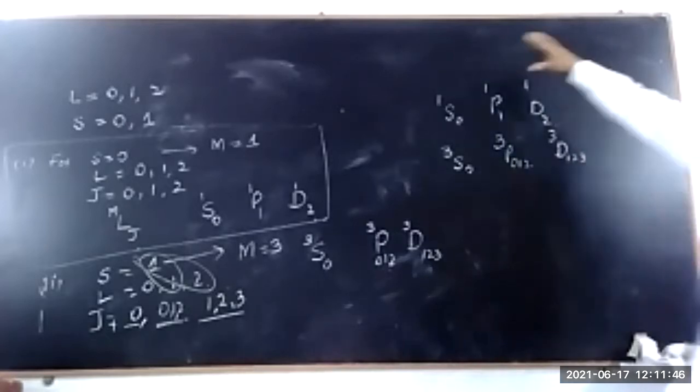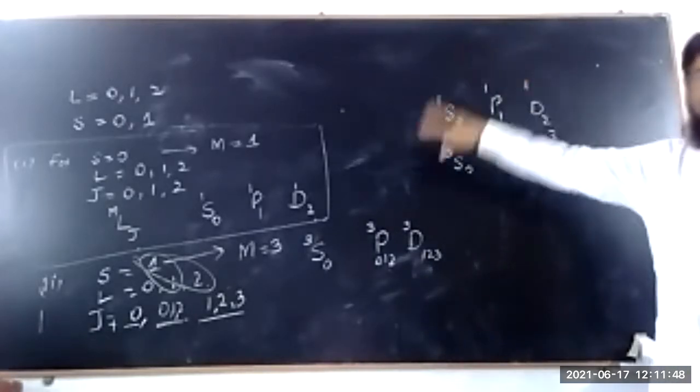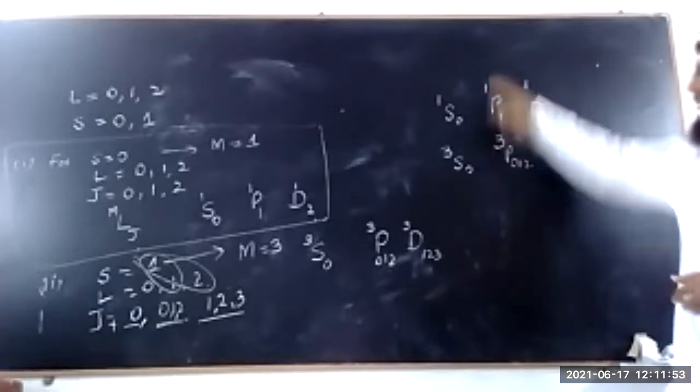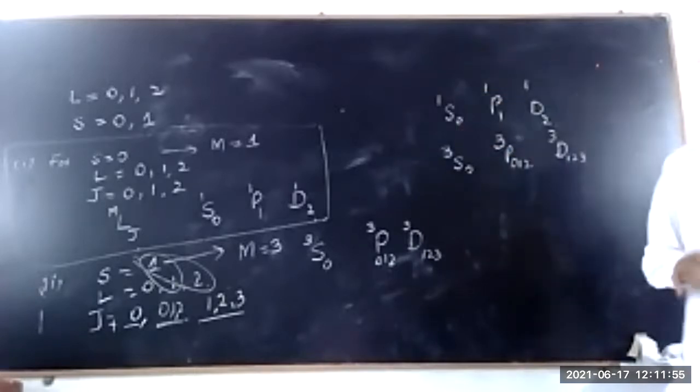So these are the term values for the electrons in the ground state of carbon. So among all these levels, which is the lowest level, or what we call the ground level?